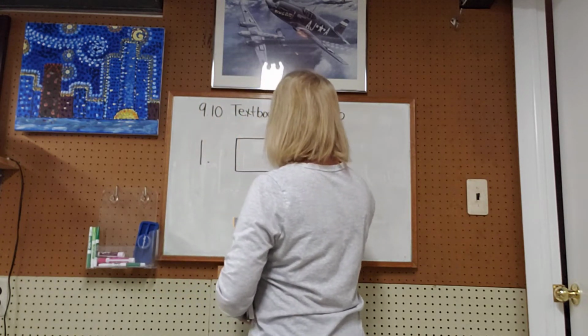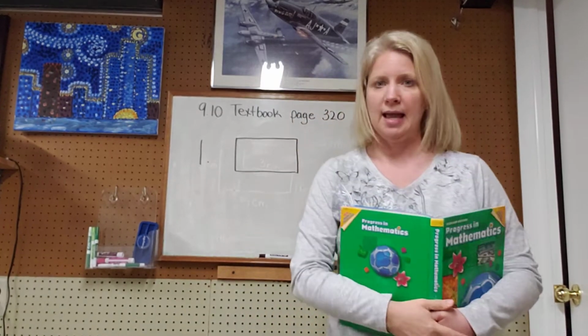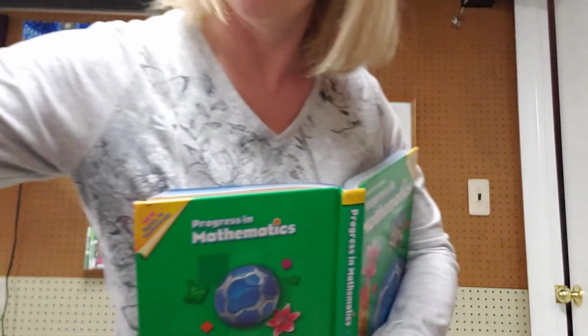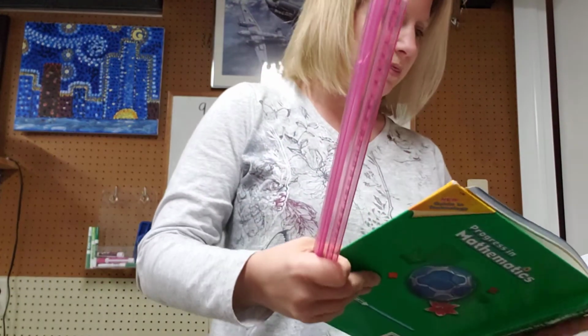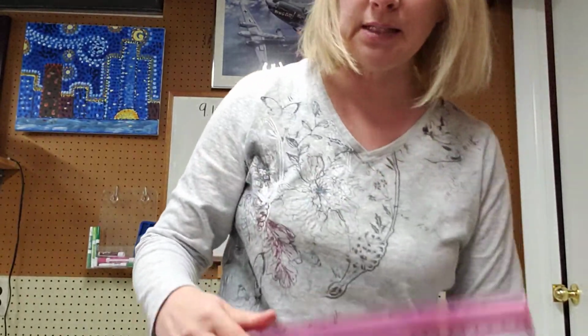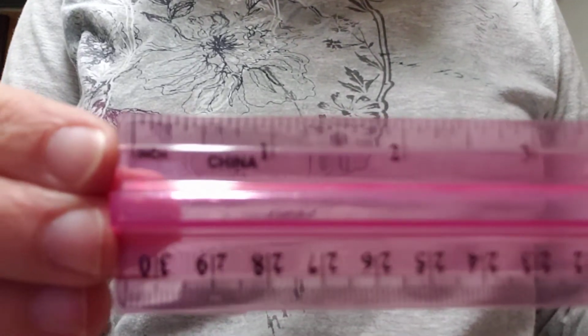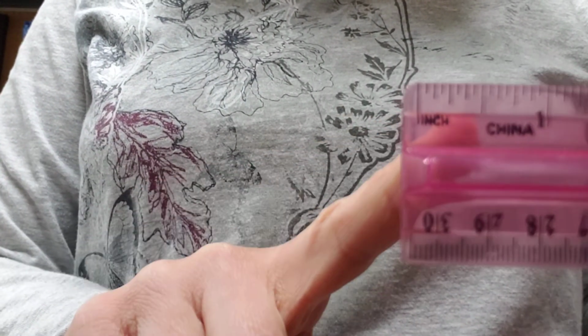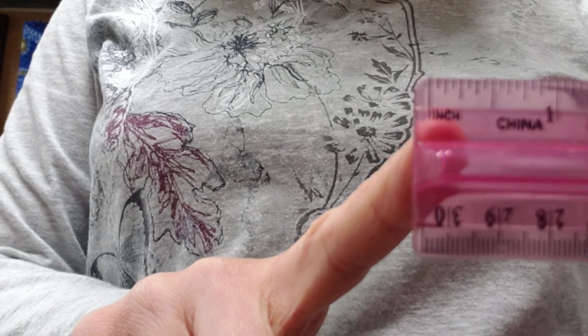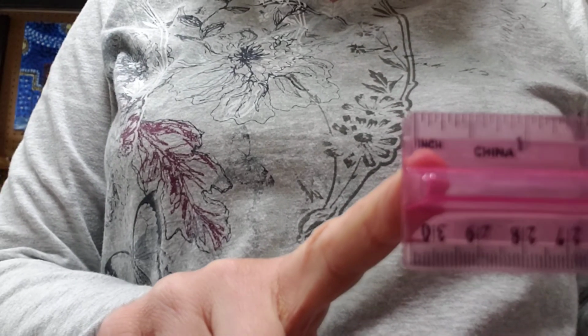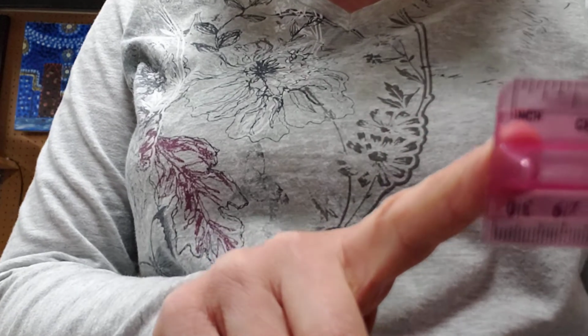So let's measure with a ruler and find out what that length is. First, let's look at the ruler. A ruler has different markings, and if you see this one, you can see that this side is inches. It's kind of blurry, I know. I'm trying to get it to be clearer for you.